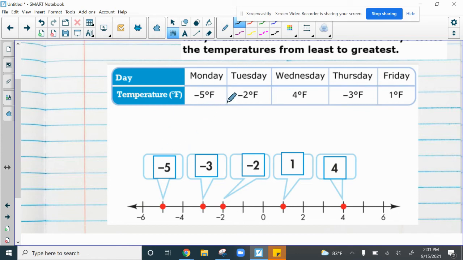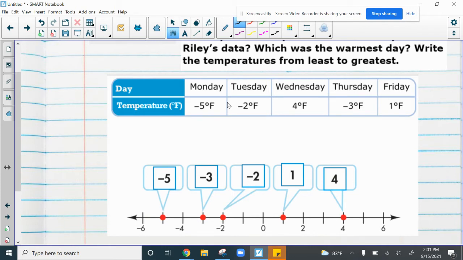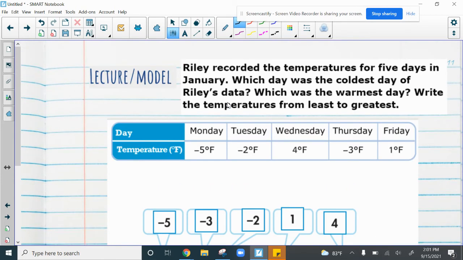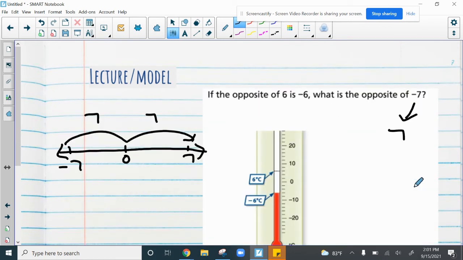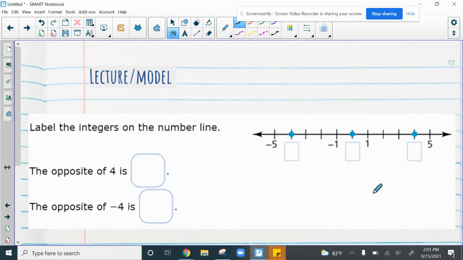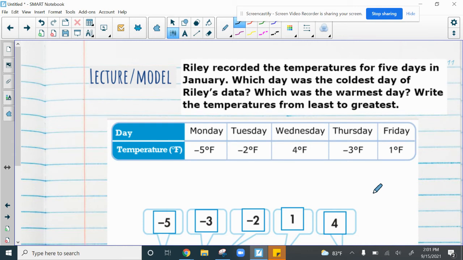First, it's asking us, what is the coldest day and what is the warmest day? If I look at a thermometer, the warmest day would be that +4, because positives are above 0.